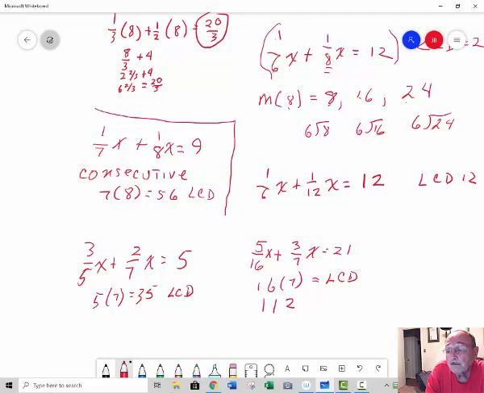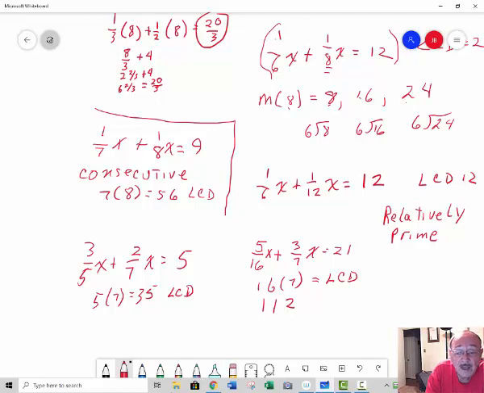Okay? Hopefully that makes some sense to you. All these numbers are relatively prime. It doesn't mean the numbers themselves are prime. 16 obviously is not prime.